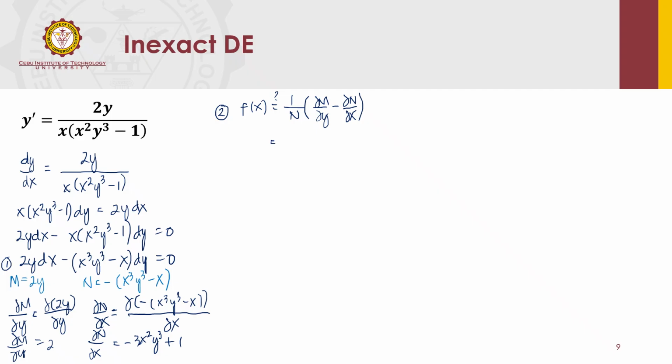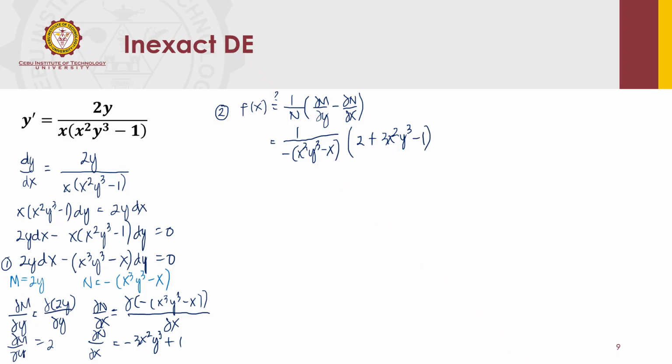So it's 1 over negative (x cubed y cubed minus x), times (2y minus N), or rather, sorry, that's M, it should be 2, and then minus the quantity of this, meaning plus 3x squared y cubed minus 1.